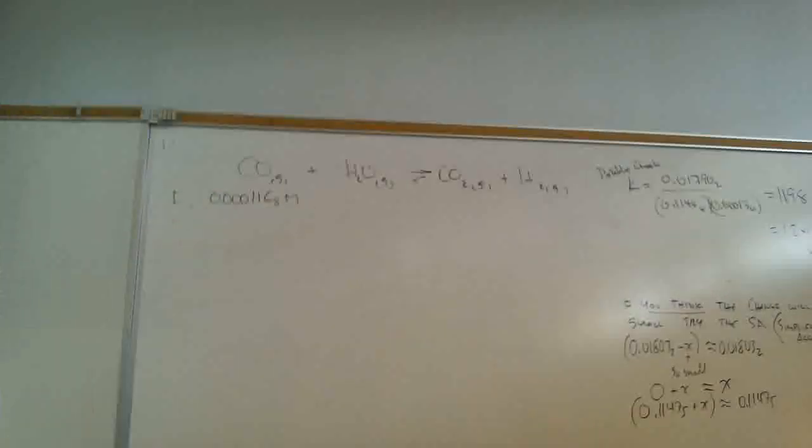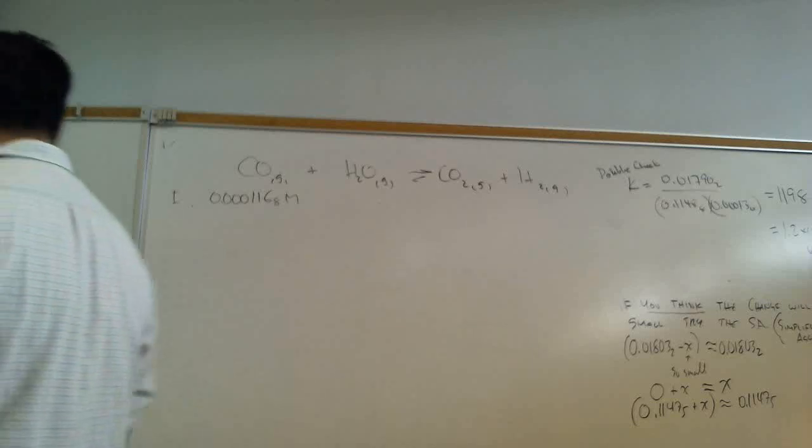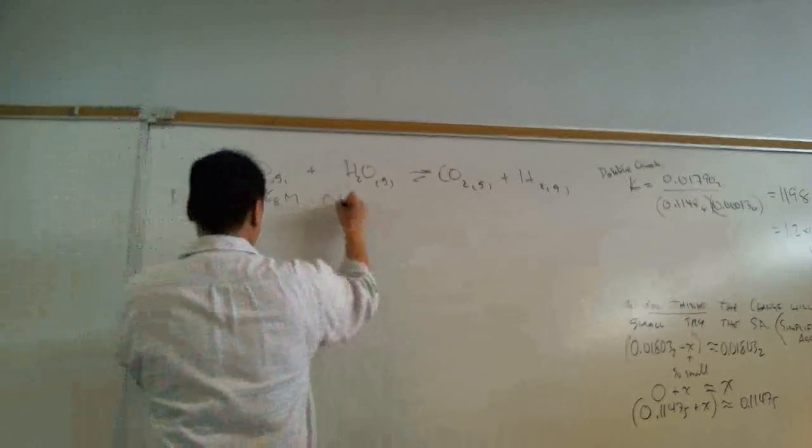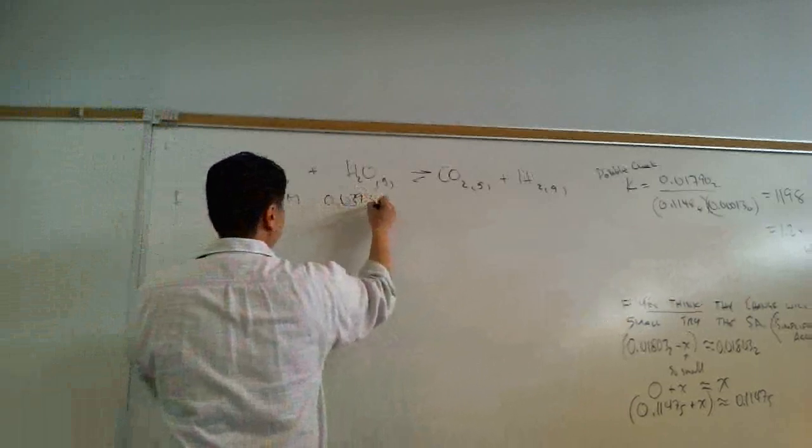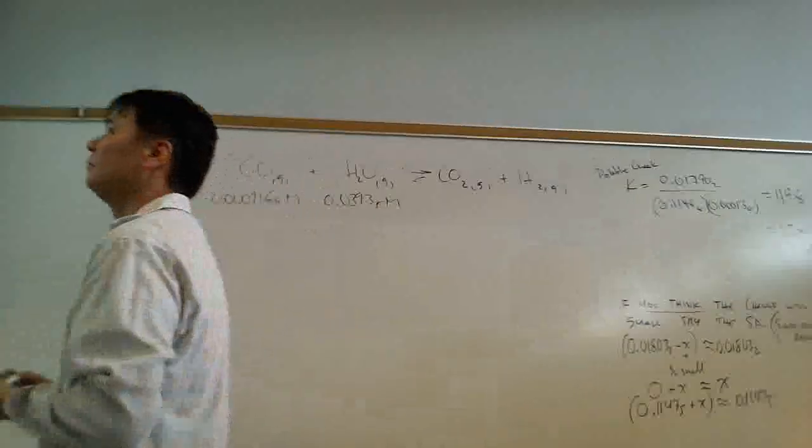All right, and then water, if I have 1 gram of water, 1 divided by the molar mass of water, 18.02, divided by the volume, 1.41, gives me 0.0393, so 5 molar water.